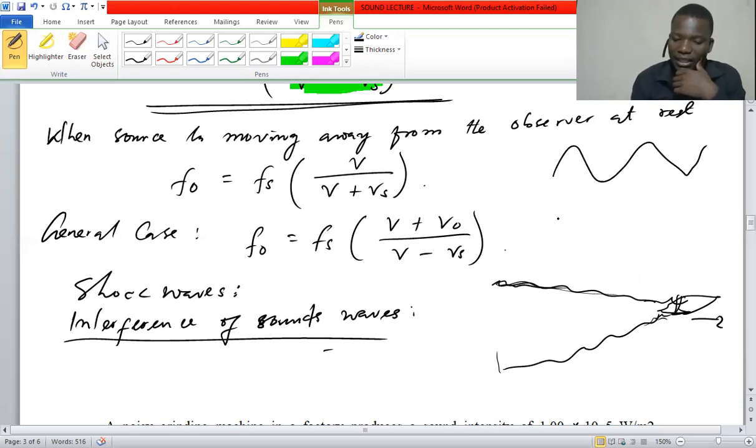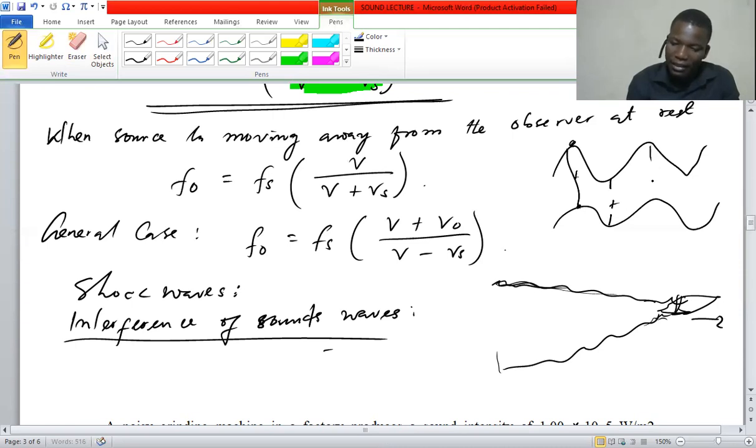So what we are saying is, I'm not drawing correctly, but when we have the crest and the crest meeting, and the trough and the trough meeting like this, you're going to have a constructive interference.